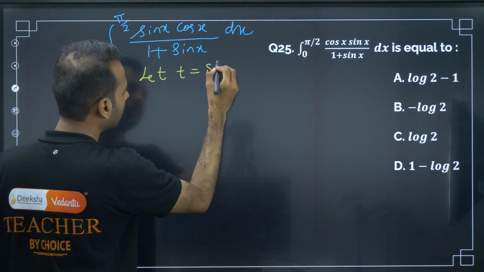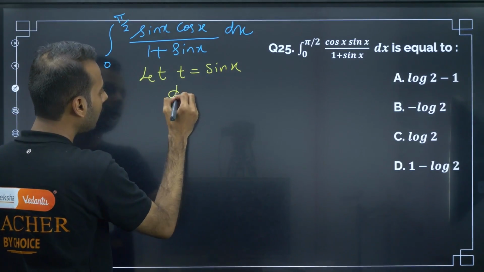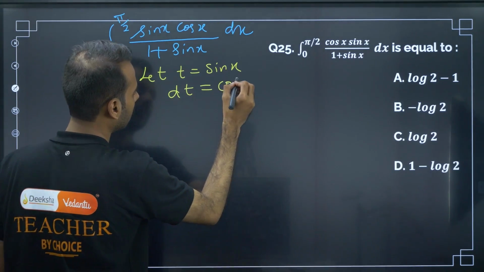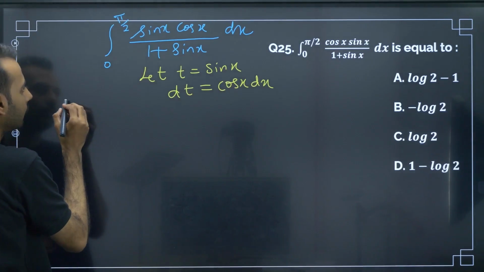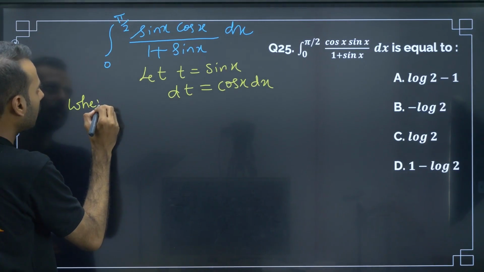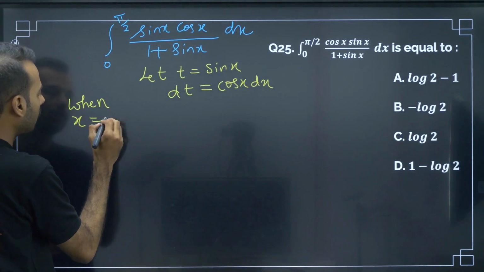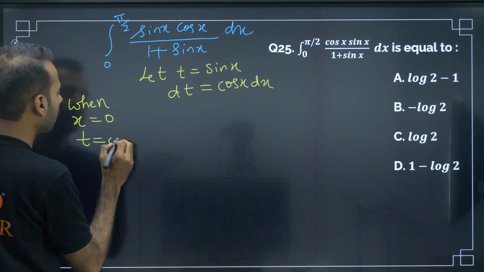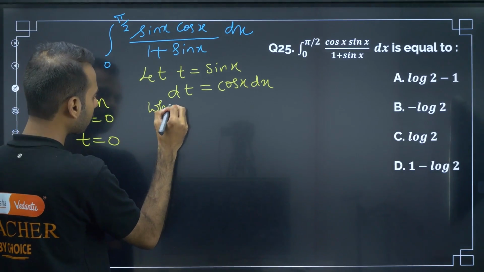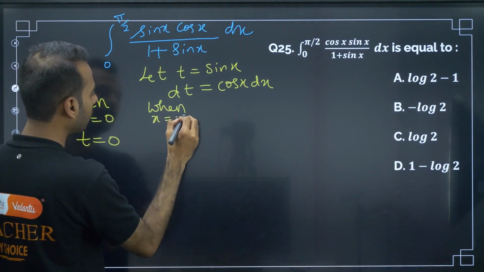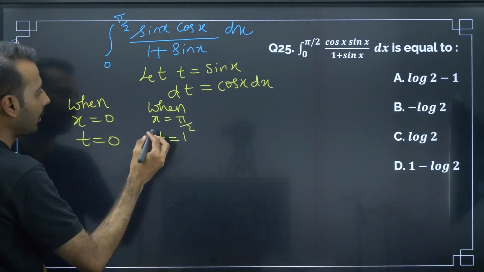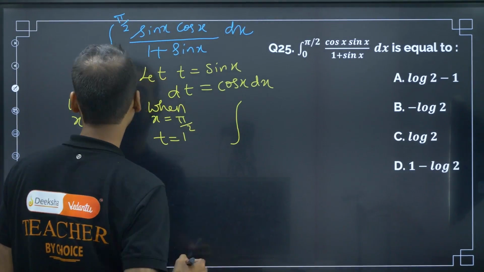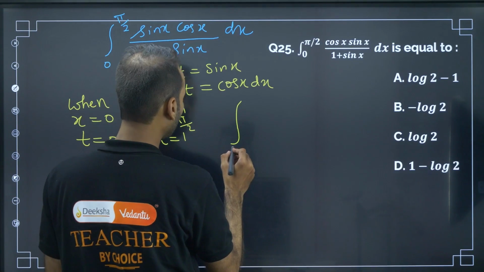t is equal to sin x, dt is equal to cos x dx. When x is equal to 0, t is equal to 0. When x is equal to pi by 2, t is equal to 1. So integration from where to where? 0 to 1.